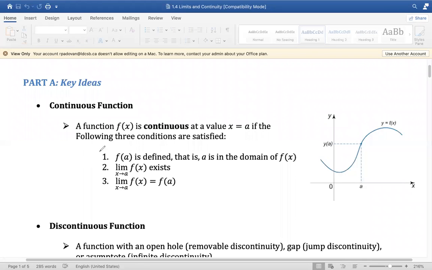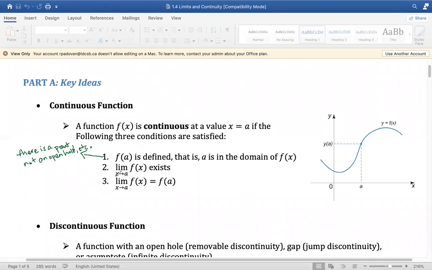For number one, there is a point, meaning a solid point. There's not an open hole. There's not a jump or displacement there.